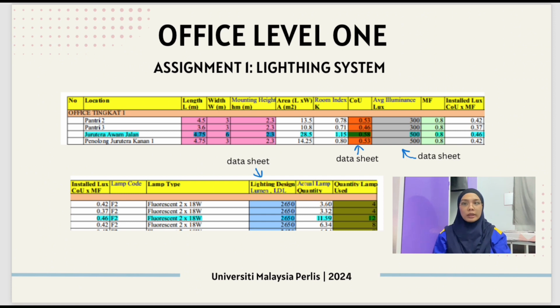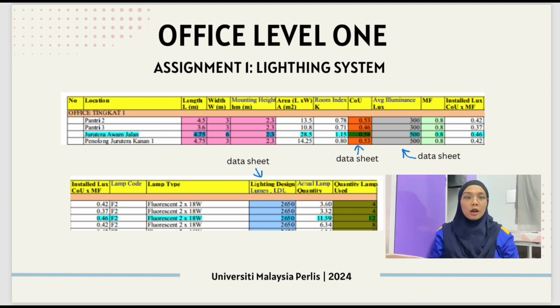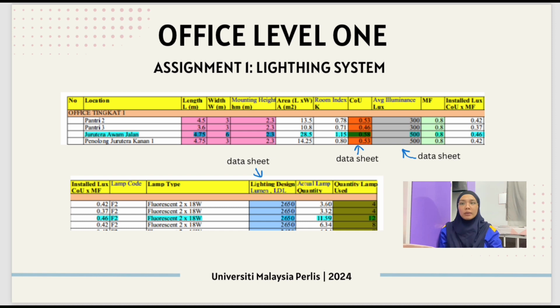For room index, how can we get the value? We use the formula: length multiplied by width, divided by mounting height multiplied by length plus width. For COU, lumen and lux, we can get them from the datasheet.